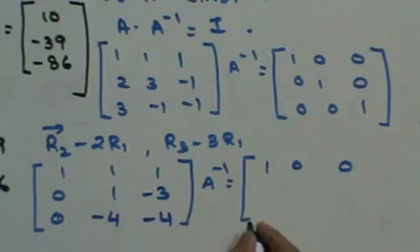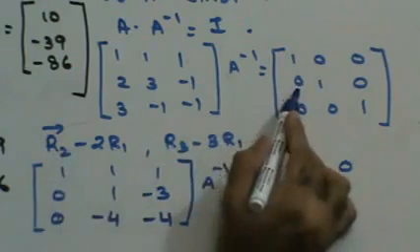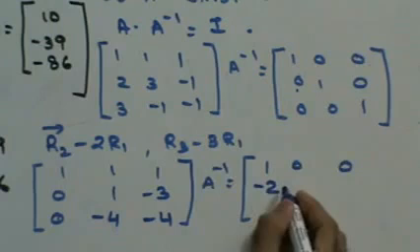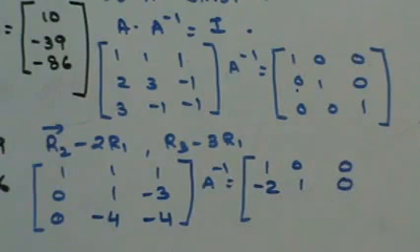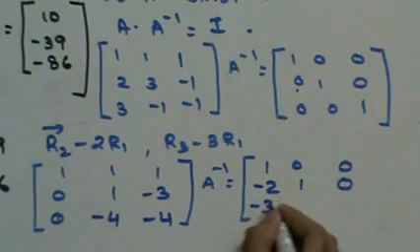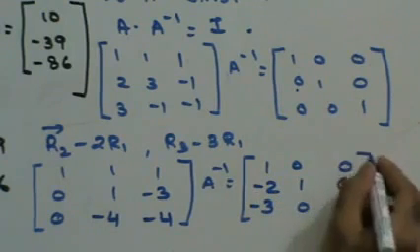Now 0 minus 2, minus 2, 1, 0 minus 0, 0. Then you have 0 minus 3, minus 3, 0, 1.